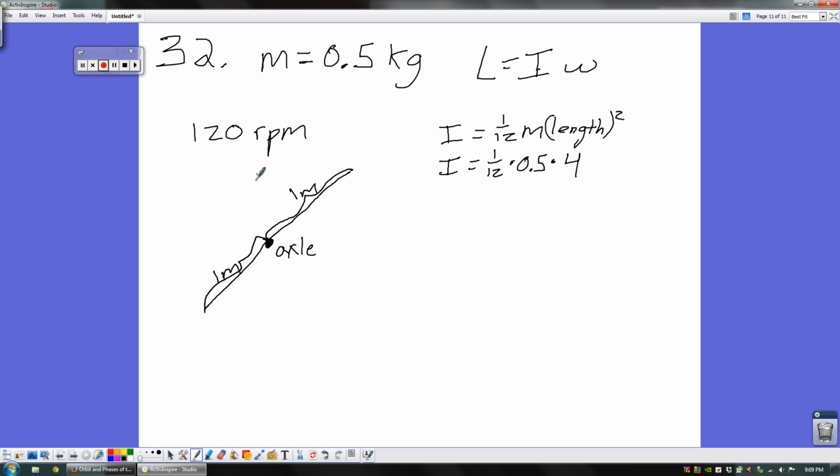So let's talk about what that means: 120 revolutions, where a revolution is 360 degrees, per minute. It's just an arithmetic problem: 120 times 360 equals bam, divided by 60 equals bam. Done. Multiply, get an answer.